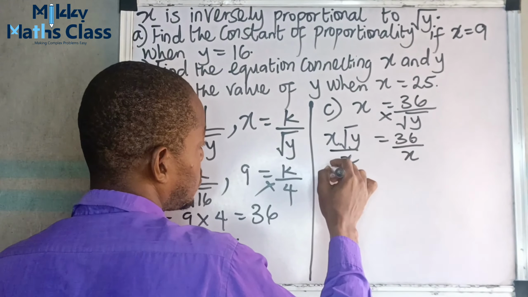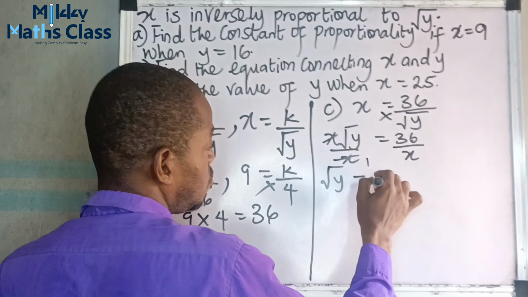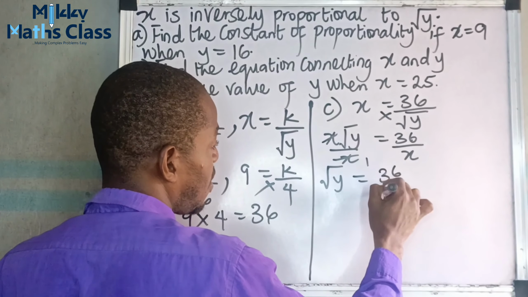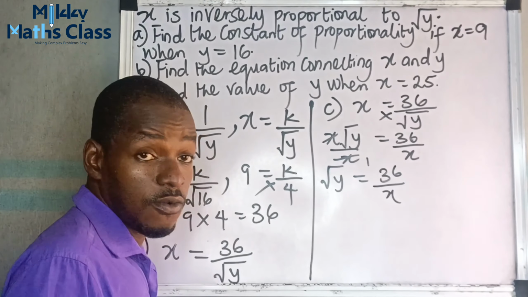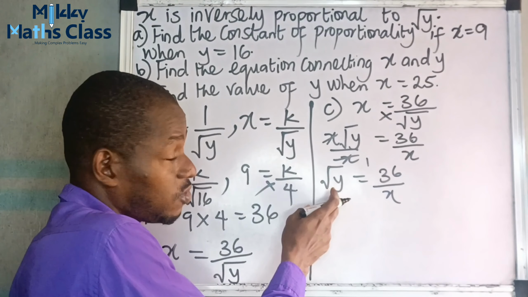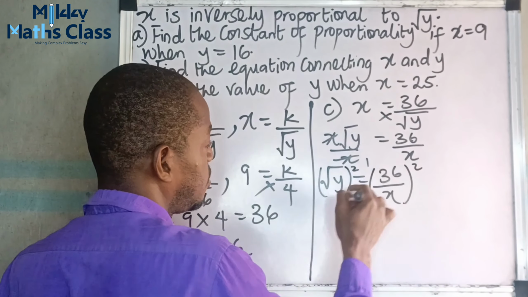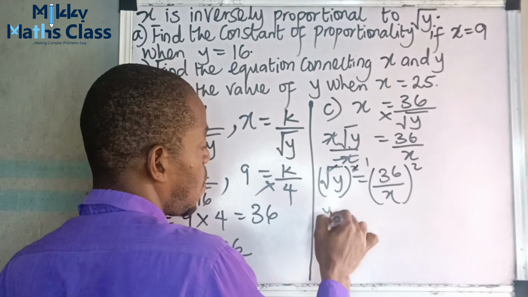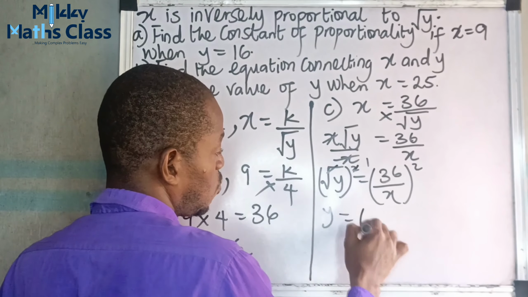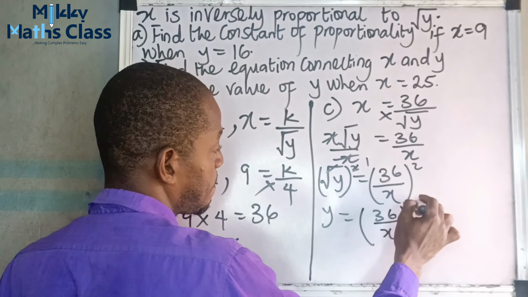So our root y, because x here will cancel out, root y is equals to 36 over x. Now, for us to find out the value of y, take the square of both sides. This and this will cancel. So our y is equals to the square of 36 over x.